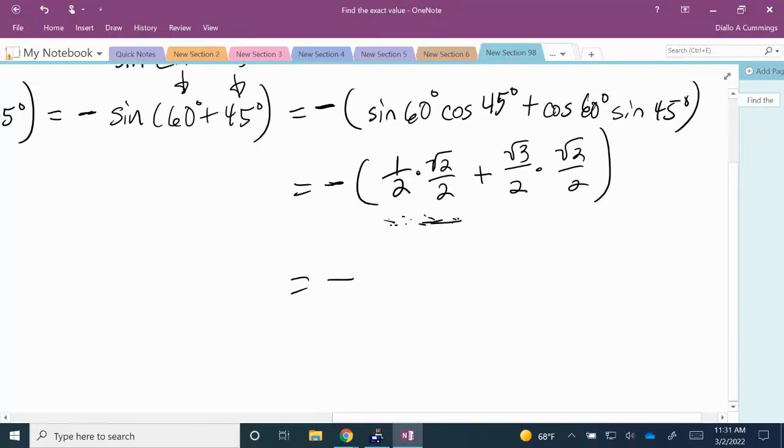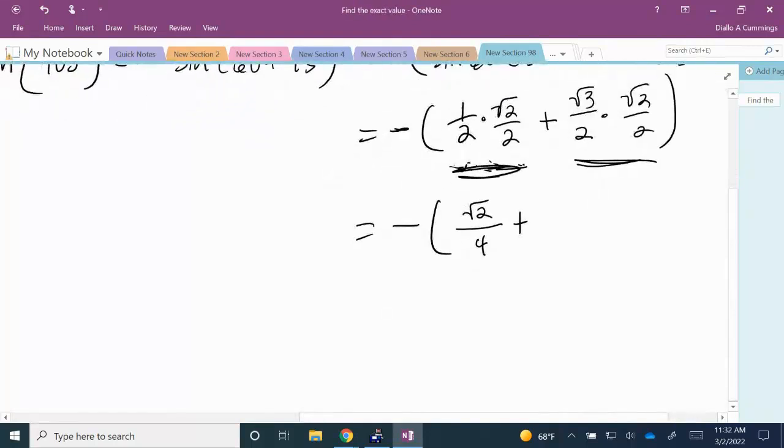All right, we have the first term and the second term. In the first term, we're multiplying fractions. So when we multiply fractions, we multiply the numerators and the denominators. So we have the square root of 2 over 4. And for the second term, we're going to multiply the numerators.